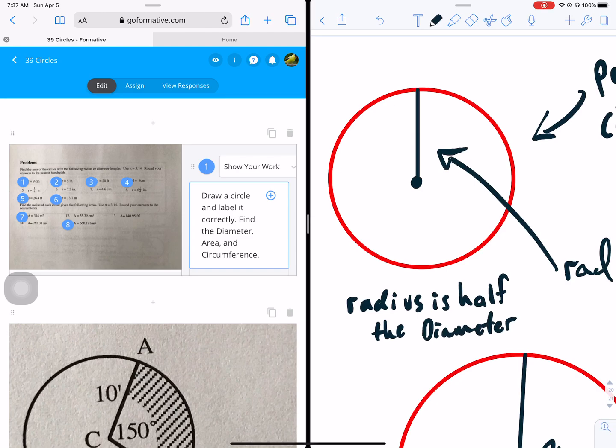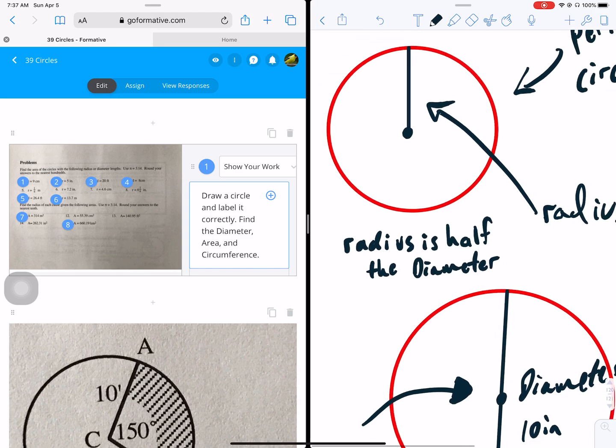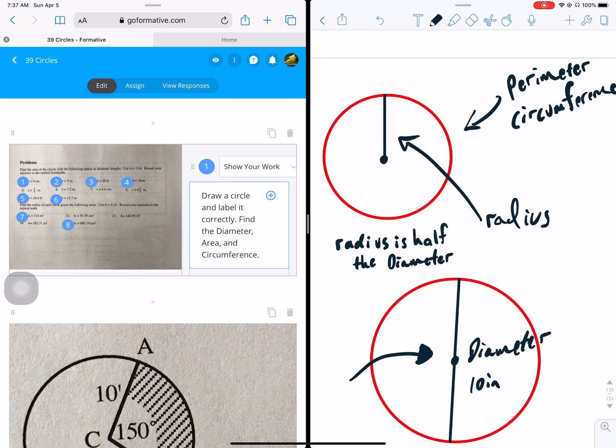And what's another way to say that? The diameter is double the radius. So, diameter is 10 inches. What's the radius? Cut it in half. What's half of 10? 5. So it'd be 5 inches. That's it.